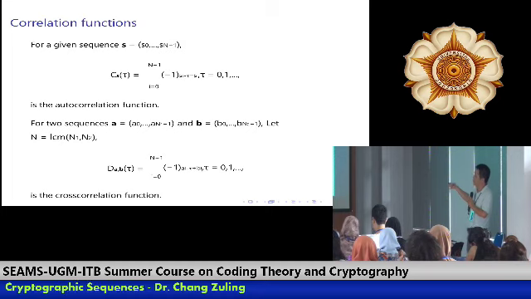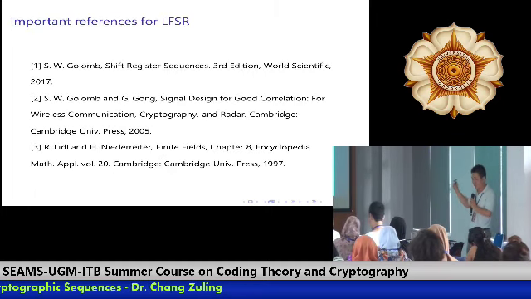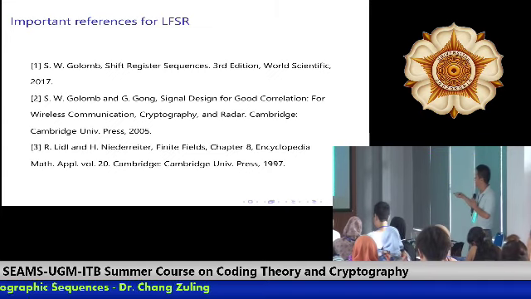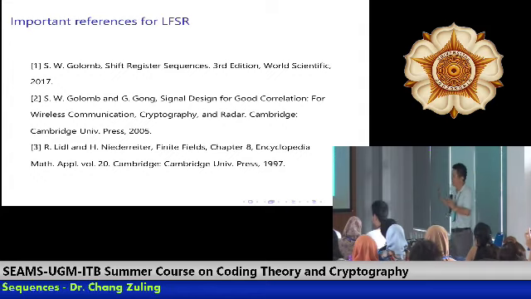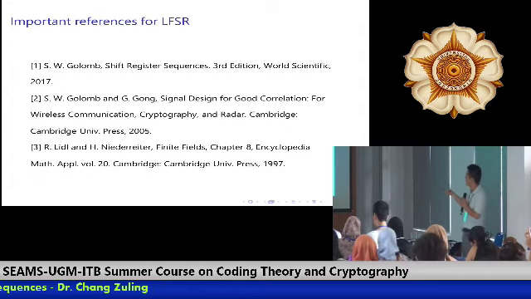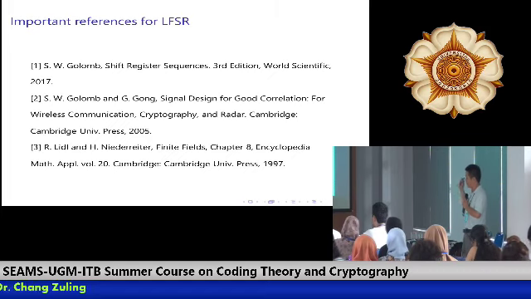Here we list some important references. If you are interested in this part, you can find this book. It's by Golomb. He's a very famous person in the domain of sequences. Golomb and Gong wrote a detailed book that discusses the properties of sequences and how to construct them.